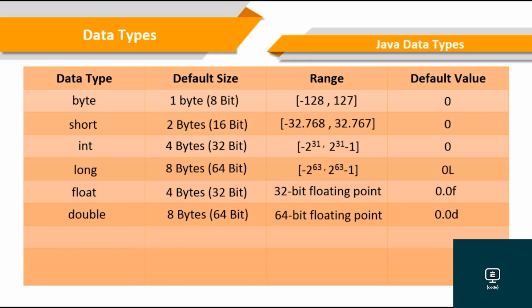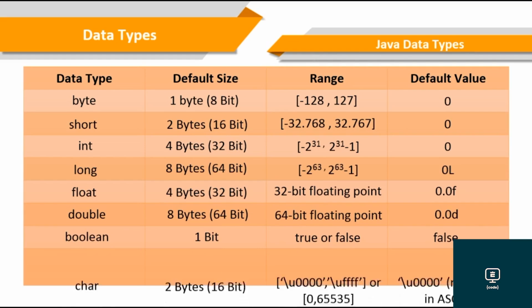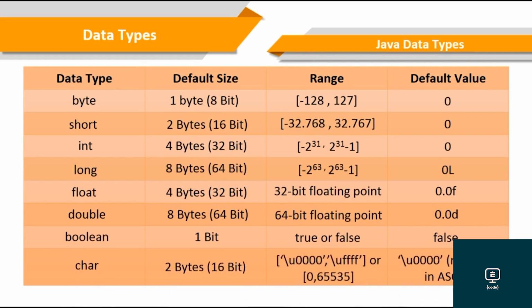For decimal values, this data type is generally the default choice. Boolean. The Boolean data type represents only one bit of information, either true or false. Char. The char data type is a single 16-bit Unicode character.